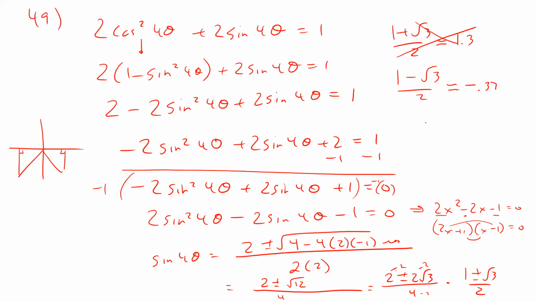Get rid of the negative out of it, and then take the sine inverse of it. Let me write it in actually the way it would be here. It's going to be the negation of 1 minus root 3 over 2. That's what we're going to be doing.